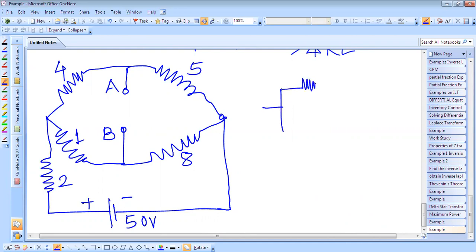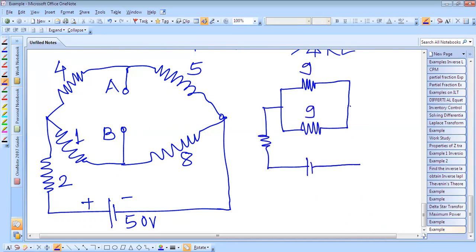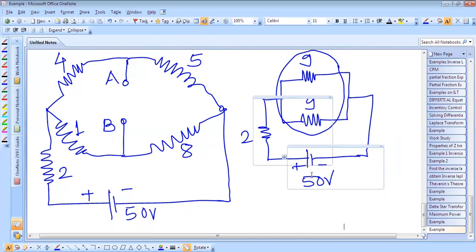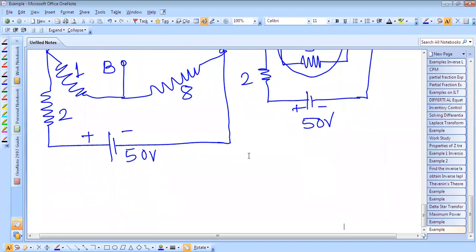What is this? This 4 plus 5, this will be added. This is 1 plus 8, so this is 9. This is also 9. It's 2 ohm, 50 volt. Okay, so this R equivalent is 9. So we have to find the R equivalent of this circuit.